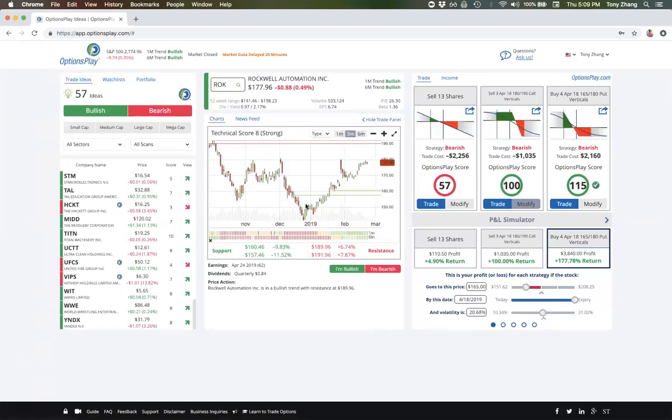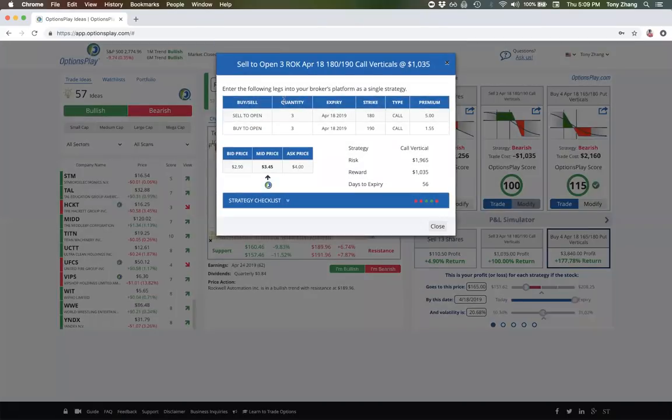Debbie's asking, can you please explain the credit spread when you hit the trade button? So when you hit the trade button, what you have here is two legs. Here on Rockwell Automation, we're selling that at-the-money call, that 180 call. And to offset that risk, we're buying a 190 call, a higher call against that, so that we have a max risk of $1,900 versus a max risk of unlimited.